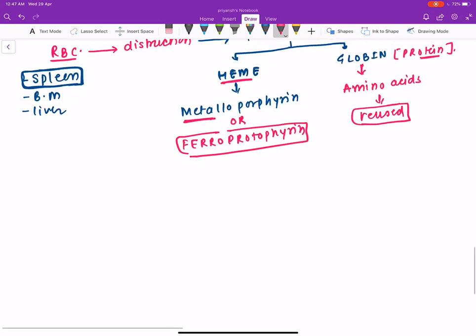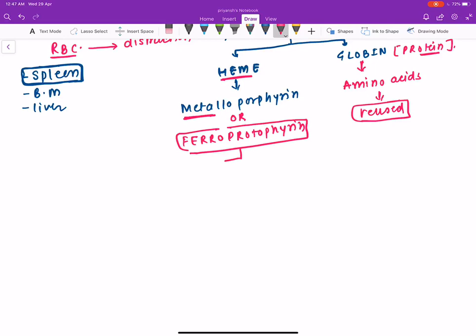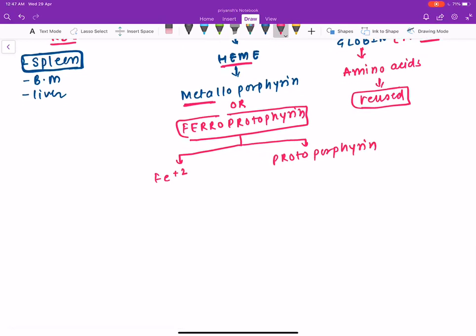If you destruct this ferro protoporphyrin, you will separate two molecules: one will be the ferrous ion and another will be protoporphyrin. This iron molecule will be reused.